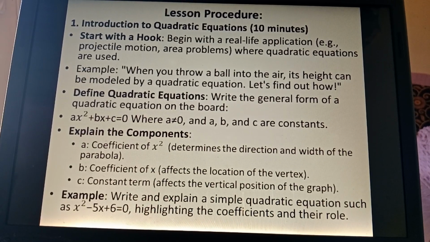So, for example, in that case, a is 1, b is negative 5, and c is 6. 1 determines the direction and width of the parabola, negative 5 affects the location of the vertex, and 6 affects the vertical position of the graph.